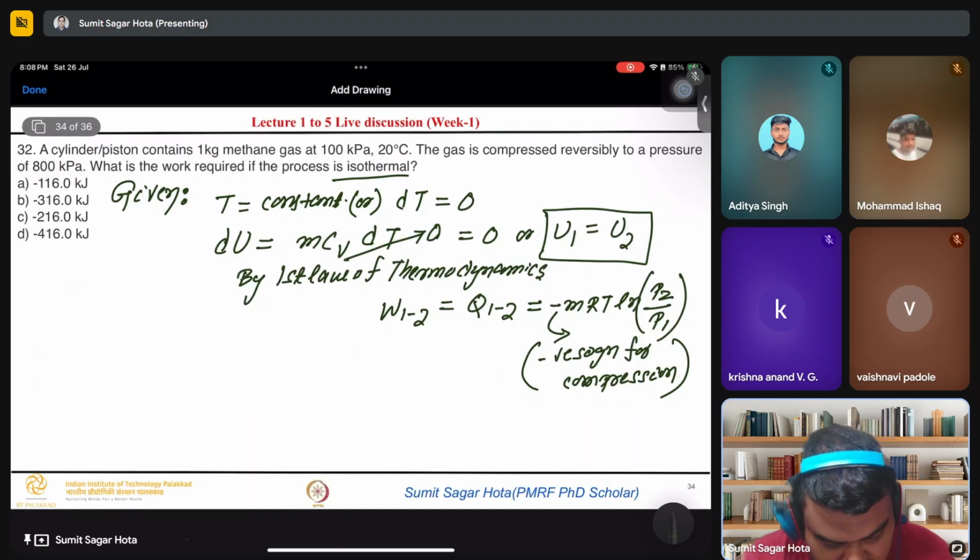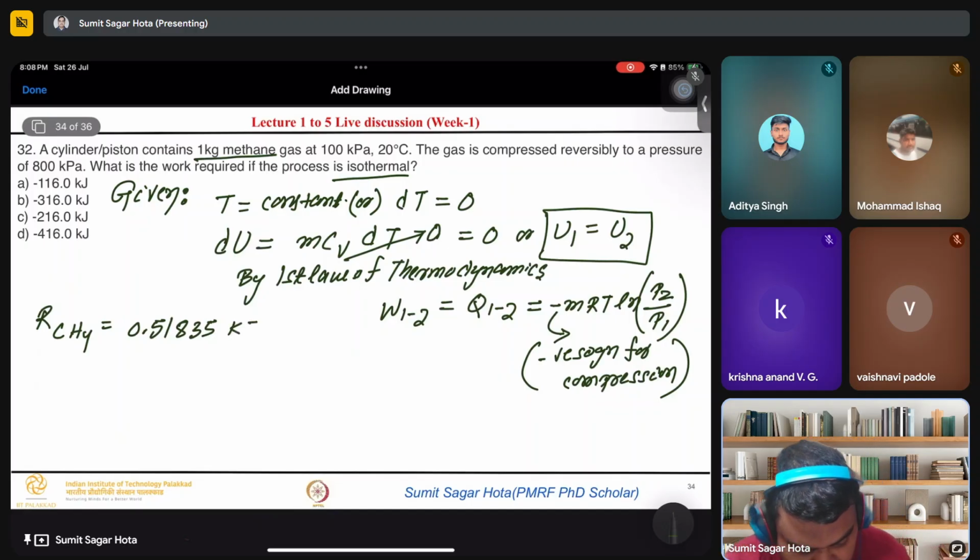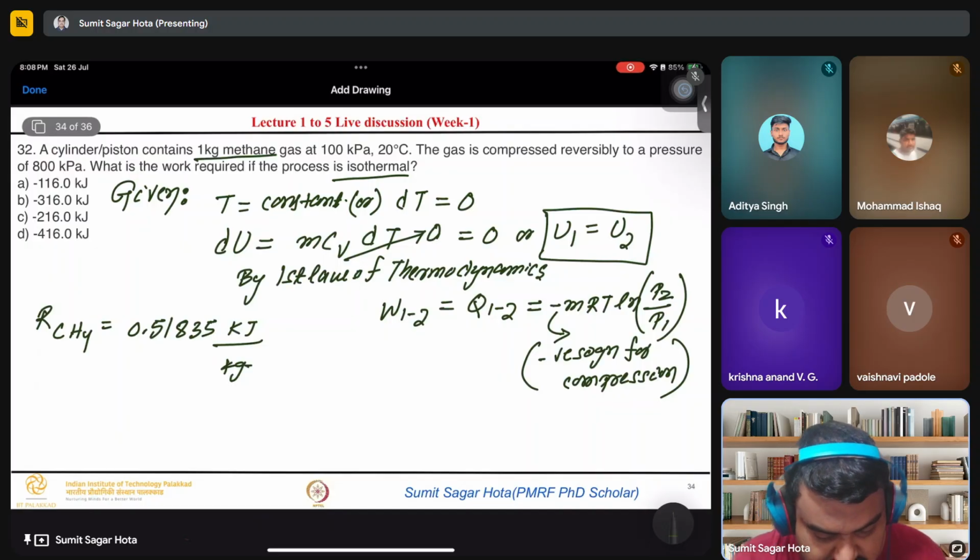Here R means R for the methane, because 1 kg methane is written, so we need to find the R for methane. This should be given in the question: 0.51835, but try to remember if you can. Methane, ethane, air, for air 0.287.